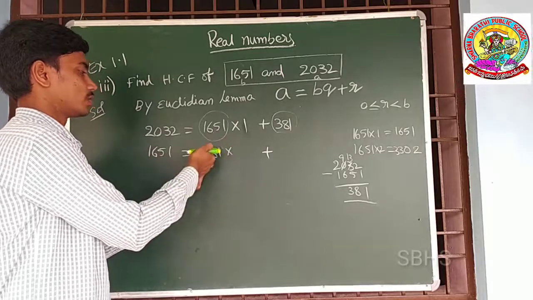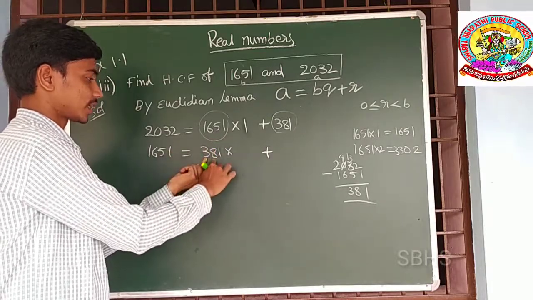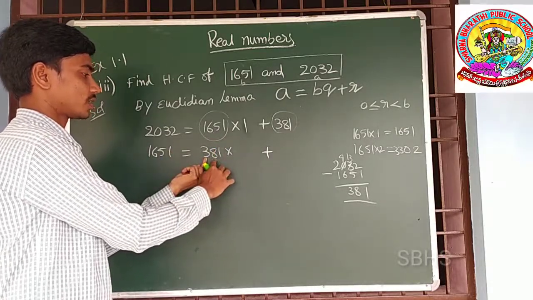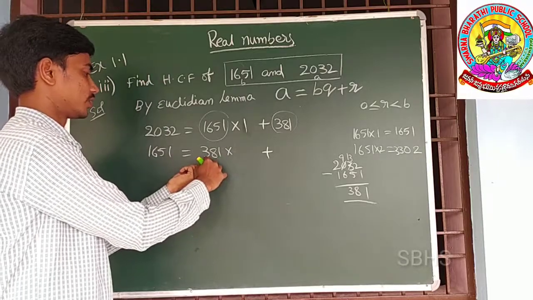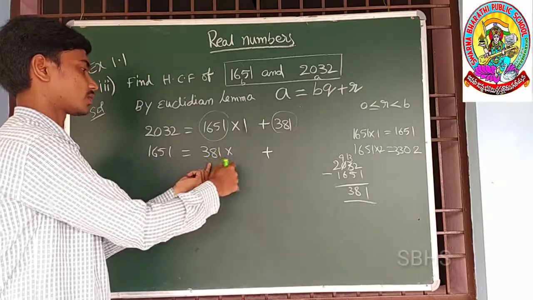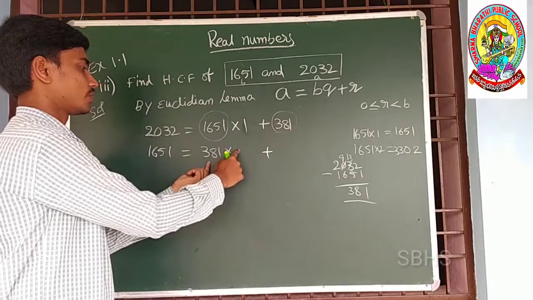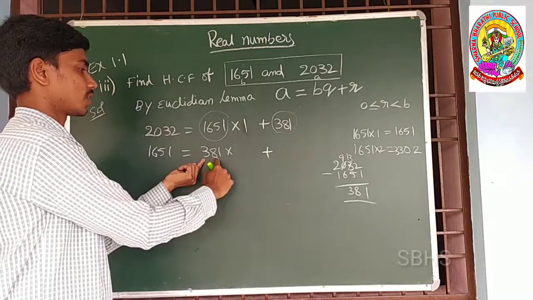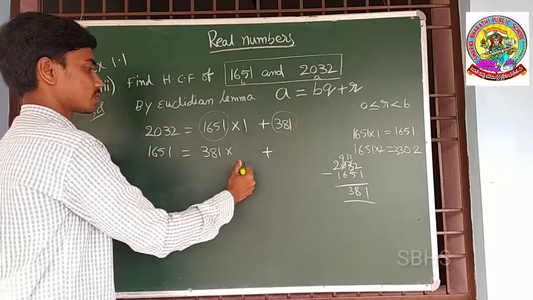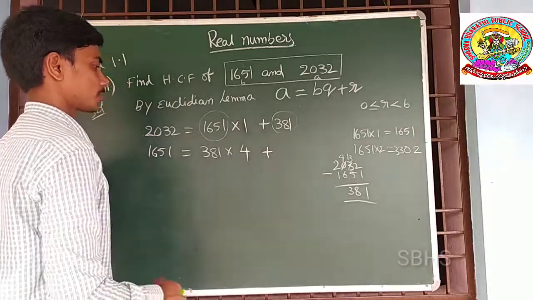If you take 5 times, 1500, but 80 is also there, 5 times 80 is 400, so 1500 plus 400 is more than enough. So take 4 times.